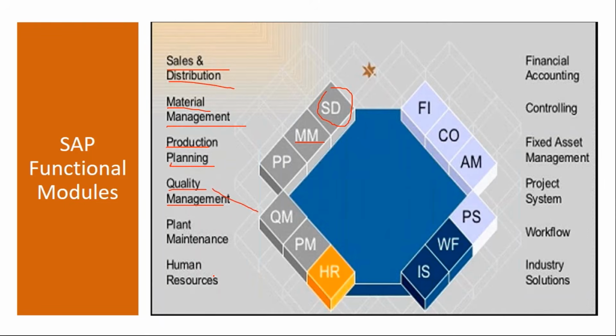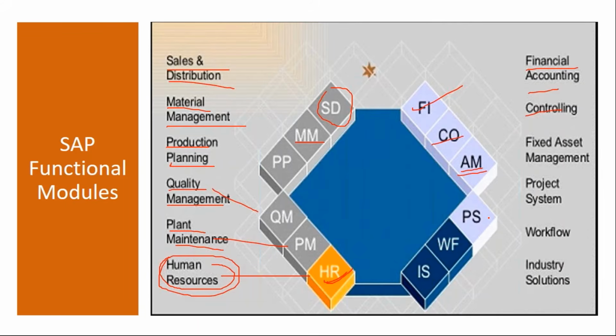For engineering and machine maintenance, it is plant maintenance, PM. For HR, human resources related functions, it is HR, now called SuccessFactors. And for finance, we have financial accounting, FI, and controlling. And for machinery and so on, you have the asset management module.